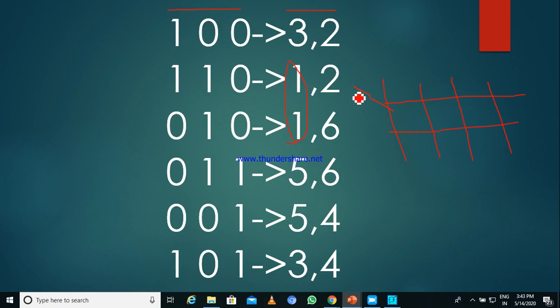This you can take as your H2 and this is your H3. So this should be 0 0, 0 1, then 1 1, then 1 0, and this part is your H1. So this is 0, this is 1.